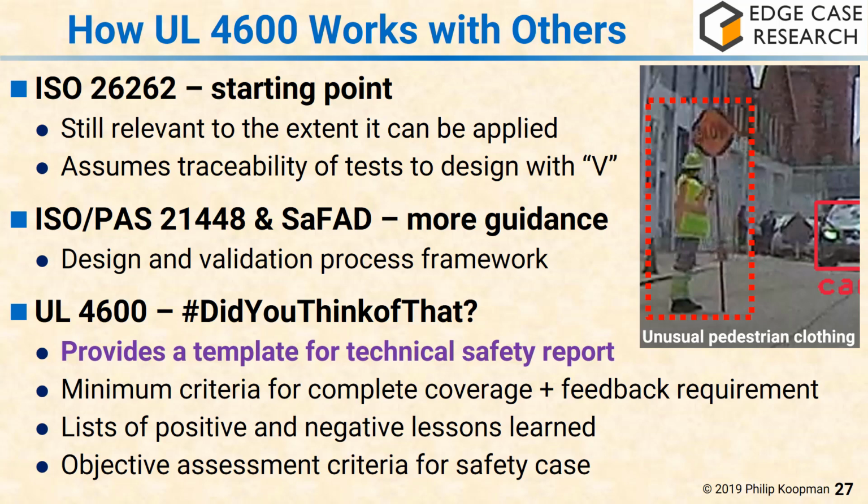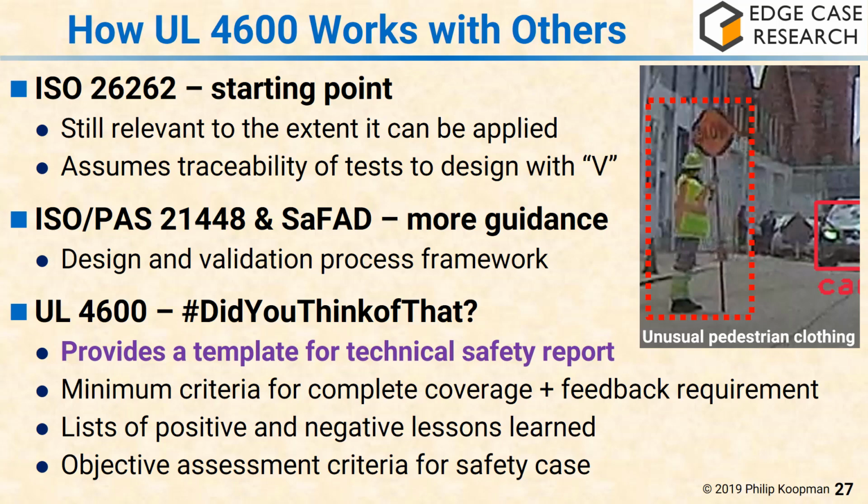So you can think of it very loosely as a template for a technical safety report. If you come up with a safety case and if you elect to make the top levels of it public, then you can say, look, you should believe we're safe because here's our approach to safety. And we had an independent assessor come in and make sure the details we're not showing you actually did cover all the clauses in 4600. It gives you a minimum criteria for complete coverage and feedback.